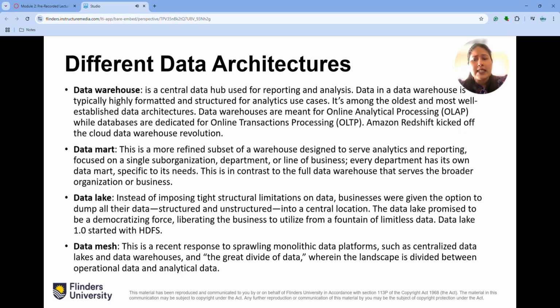While data warehouses and marts focus on structured data for reporting, data lakes and data meshes emphasize scalability and flexibility, with data lakes handling diverse data types and data meshes decentralizing data management to improve agility.